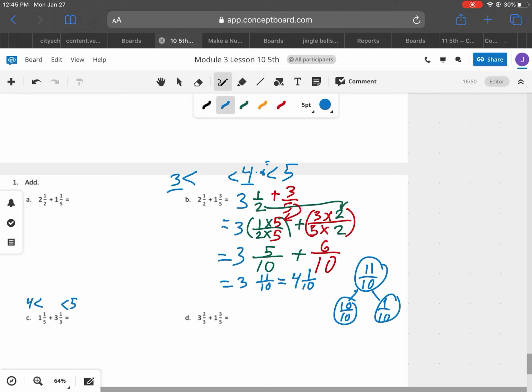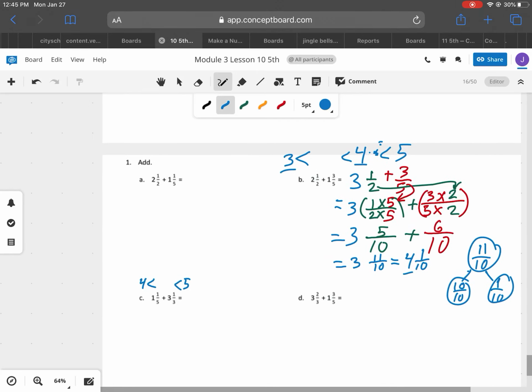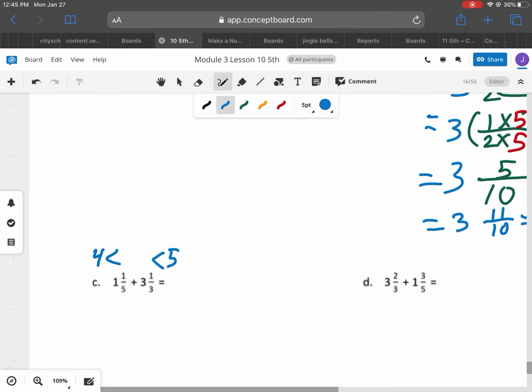Now what happened there is, hopefully you see that 3 plus 1 is 4, but our fractions added up to more than 1. So my estimation wasn't terribly wrong because I did get a 4 there and I got a 4 here. So I know my answer on this one's either going to be 4 and something or 5 and something. So I have 4 to start off with.